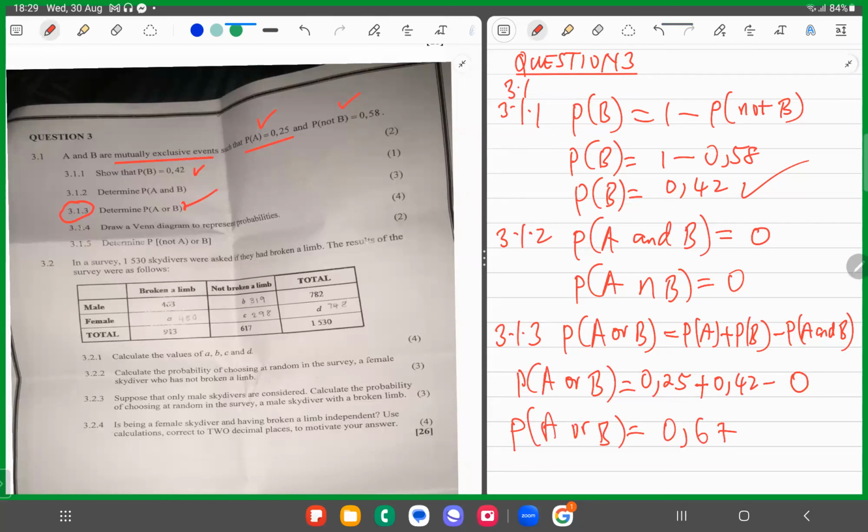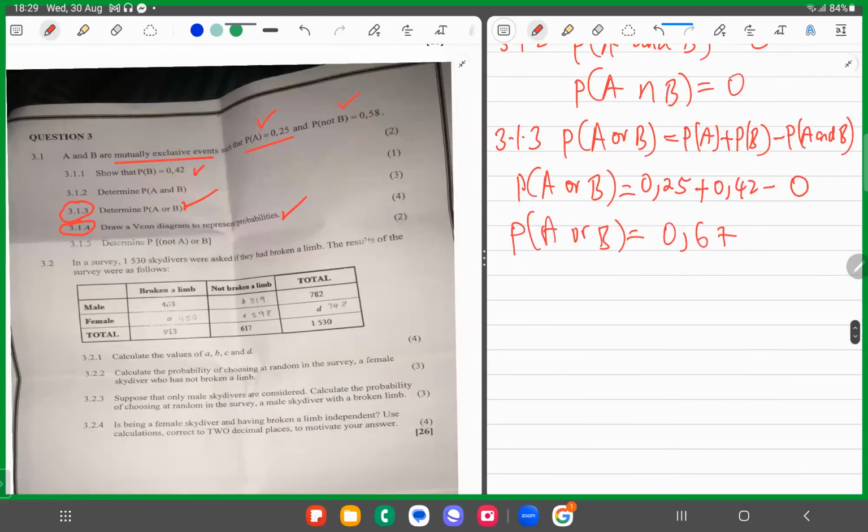For 3 marks, draw a Venn diagram to represent the probabilities. Let's just draw a Venn diagram. The Venn diagram must first and foremost have a sample space, what I call the universal set, with the events inside.